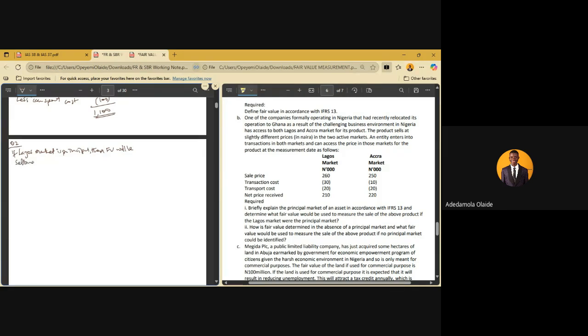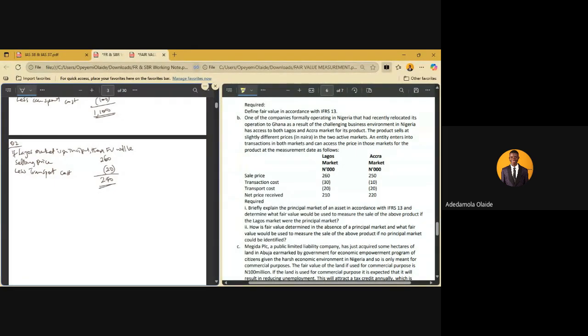Selling price, which is how much? 260, less transport cost. So what is the transport cost? Transport cost is 20. So that will give us 240. 240 will be this thing.